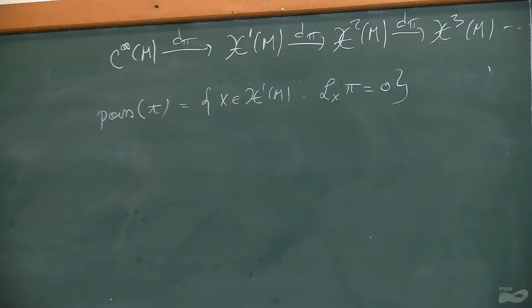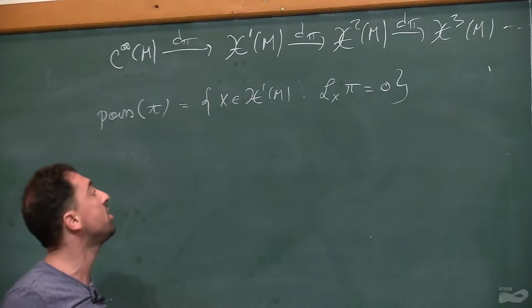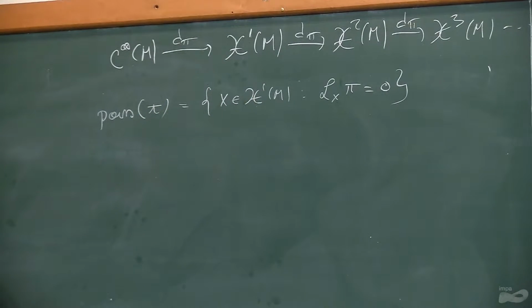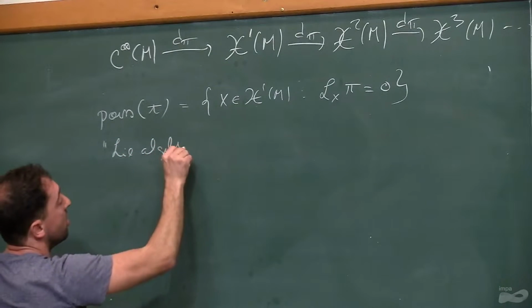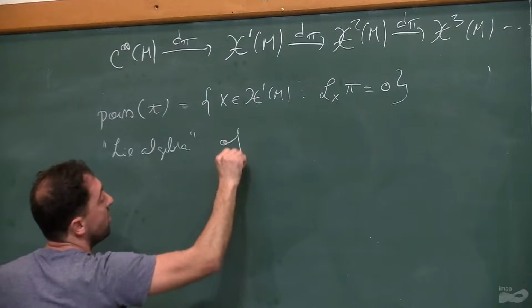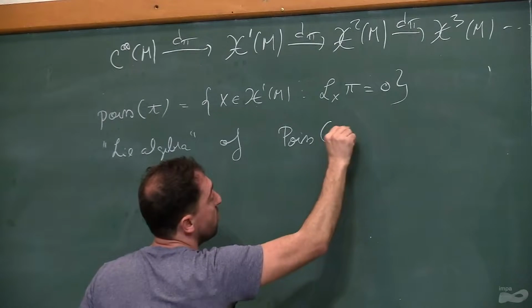And you can think about, so this is a subalgebra of the space of all vector fields. And you can think about it as being the Lie algebra of the group of Poisson diffeomorphisms of pi, right?